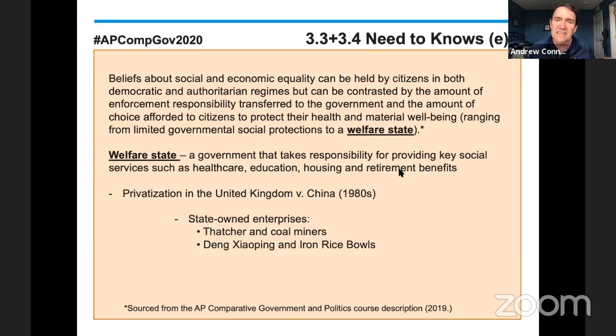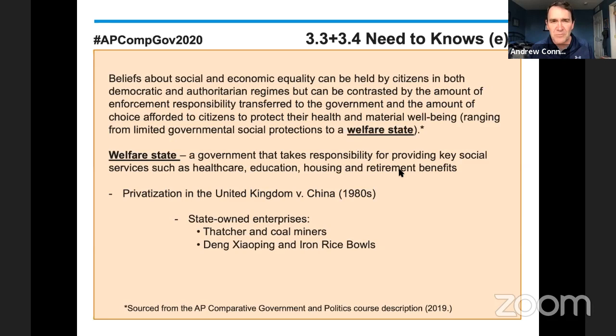So industries like the airways or telecommunications, the coal mines is a big example from Britain, moved into private control in the United Kingdom. So you now see those, the energy industry, telecommunications, the airlines under private control. And so you don't have those guaranteed government benefits to the workers in those industries.